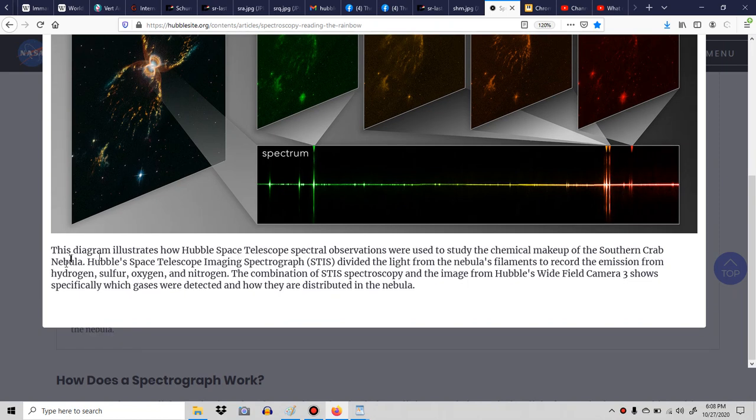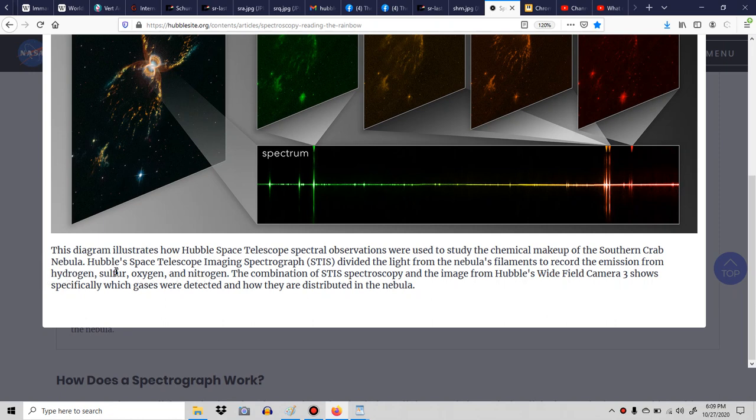So this diagram illustrates how Hubble Space Telescope spectral observations were used to study the chemical makeup of the Southern Crab Nebula. The Hubble Space Telescope Imaging Spectrograph, STIS, divided the light from the nebula's filaments to record the emissions from hydrogen, sulfur, oxygen, nitrogen. They're going from the most basic to more complex.